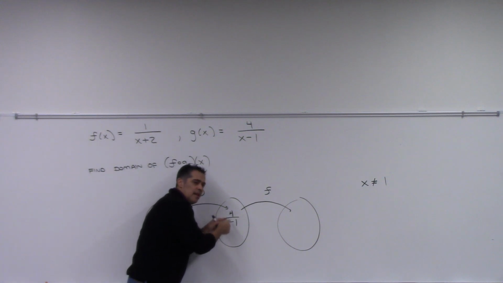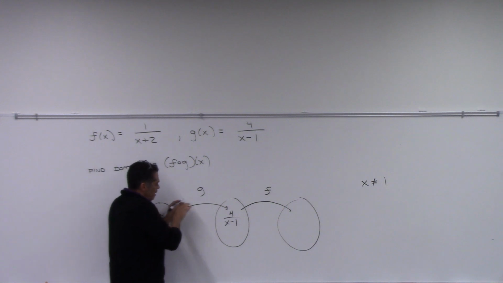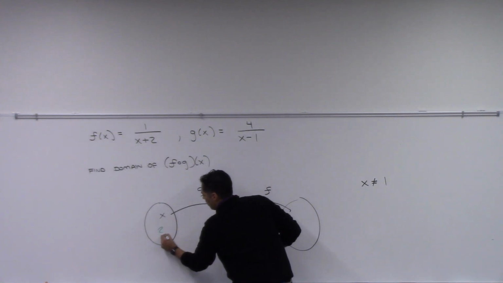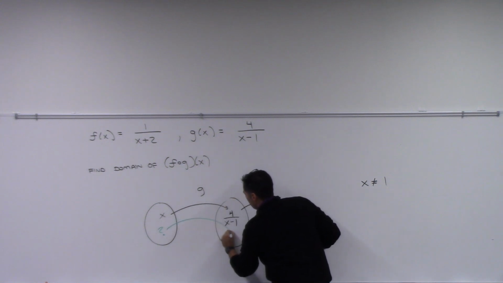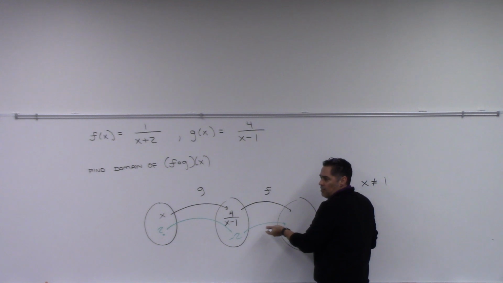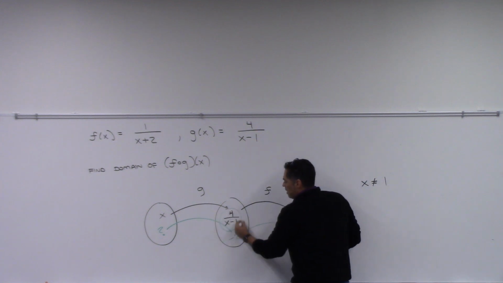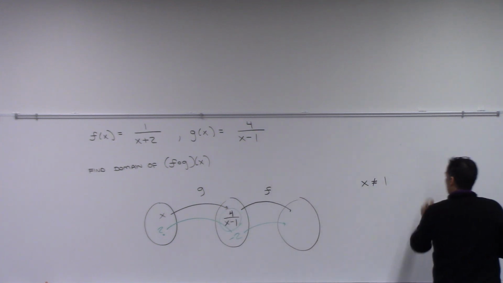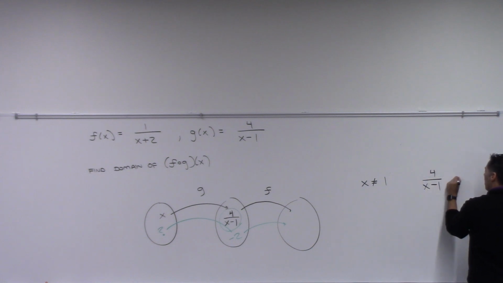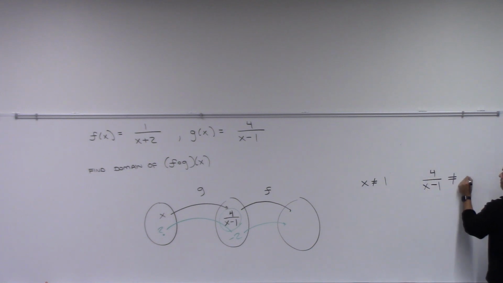This can't be -2. If you send a number through and it comes out over here as -2, then what is f going to do with that? It's not going to be able to handle it. So this is the thing that comes out. What I need to make sure is that 4 over x minus 1 cannot be equal to -2.